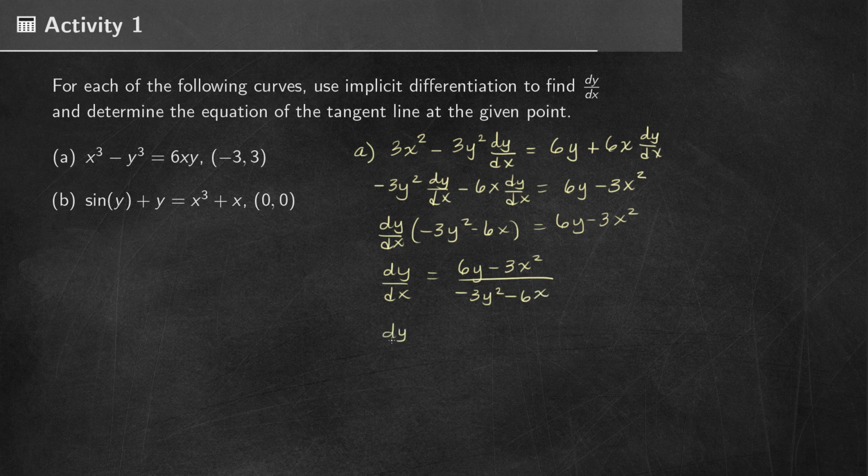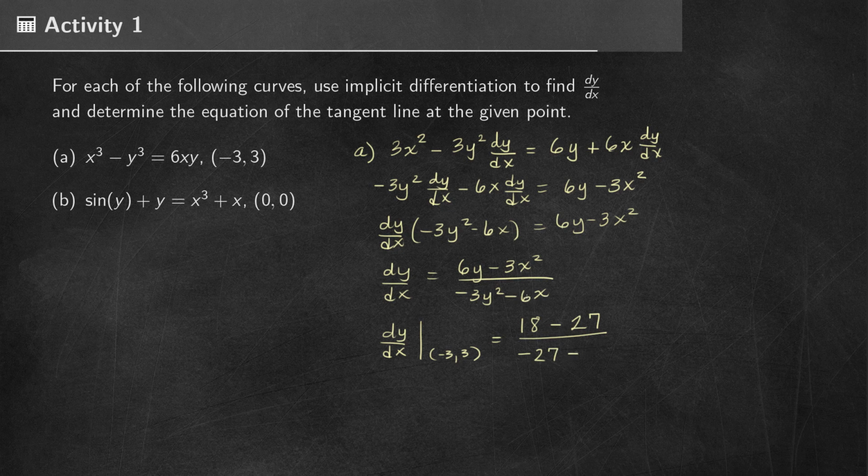Now we want to find the value of dy/dx at the point negative 3 comma 3. So 6 times the y value, 6 times 3 is 18, minus 3 times x squared. X squared is 9. 3 times 9 is 27. So 18 minus 27 over negative 3 times y squared. Y squared is 9, so negative 3 times 9 is negative 27, minus 6 times x.